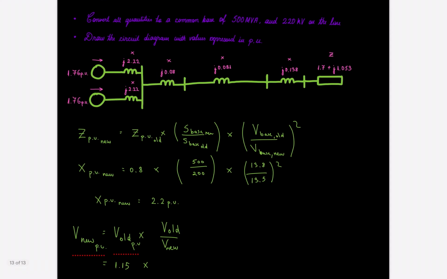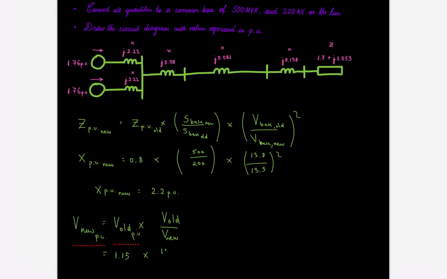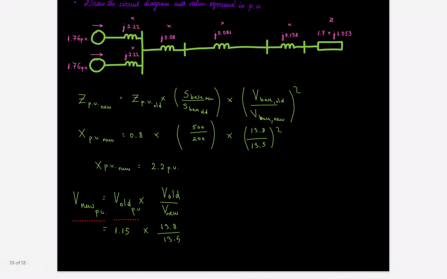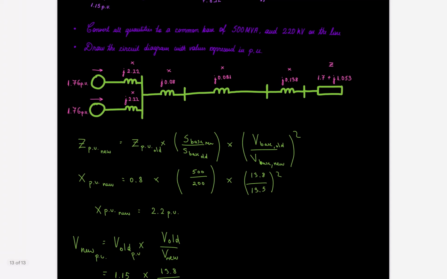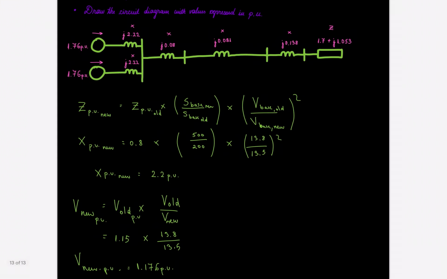So we're going to have 13.8 over 13.5. This gives you the new voltage in per unit to be 1.176 per unit. My mistake, I wrote it wrong, but these are the ones.